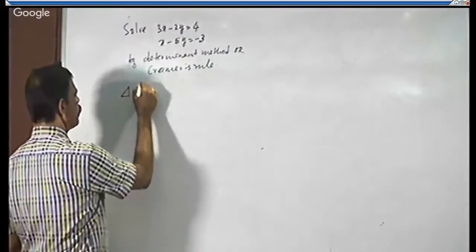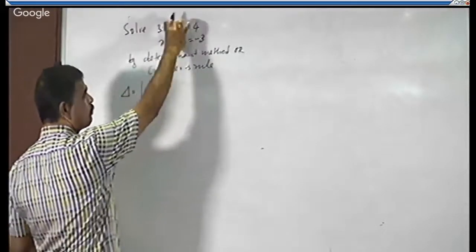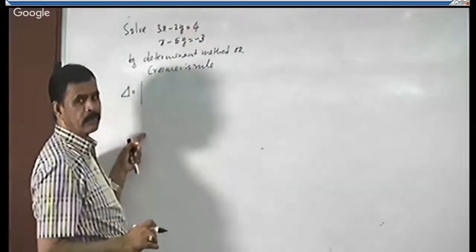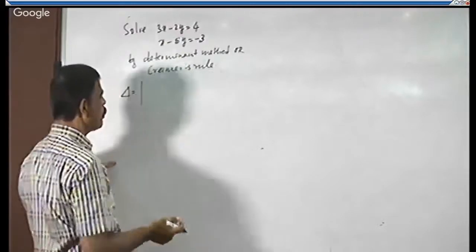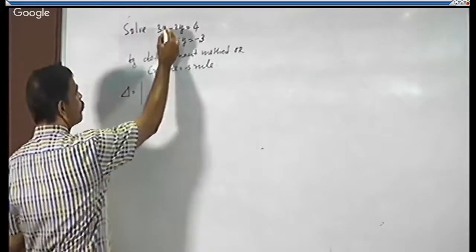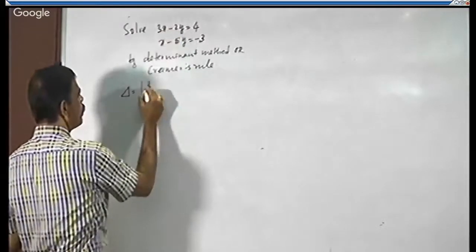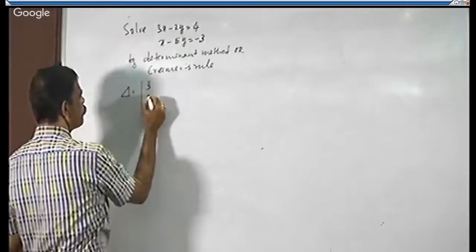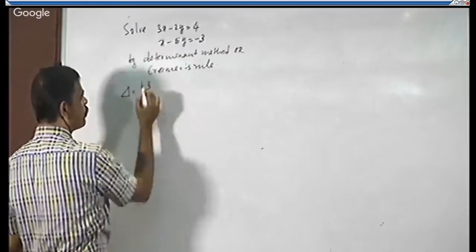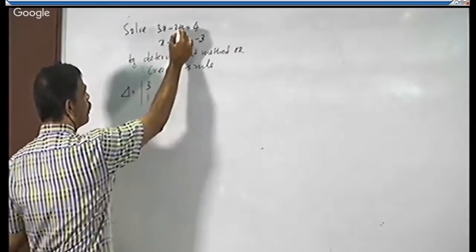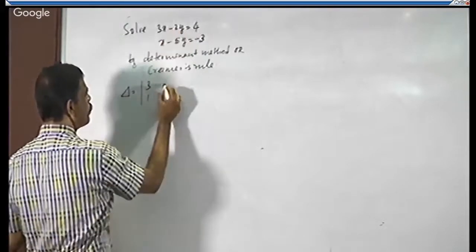Write delta. How many equations are there? 2 equations. Therefore, the order of delta will be 2 only. The x coefficient is what? 3. In the second equation, the x coefficient is what? 1. If it is only x, its coefficient is always 1. Then the y coefficient is what? It is minus 2.